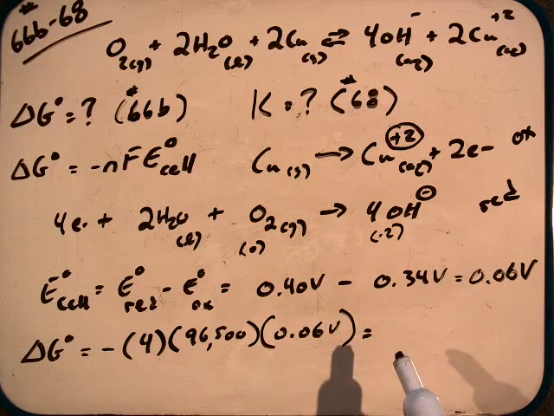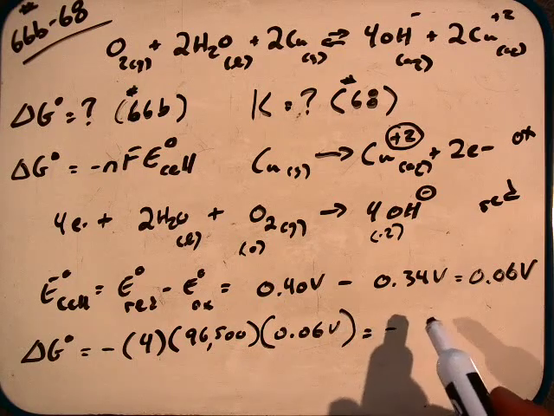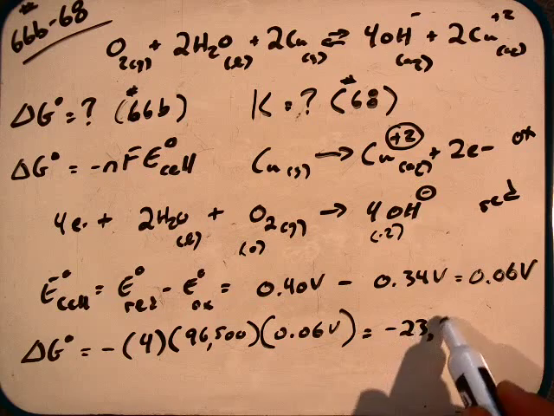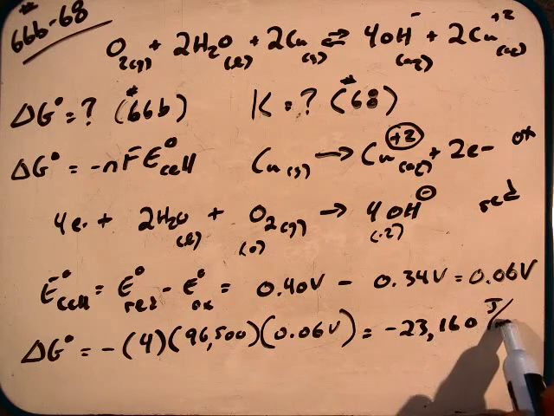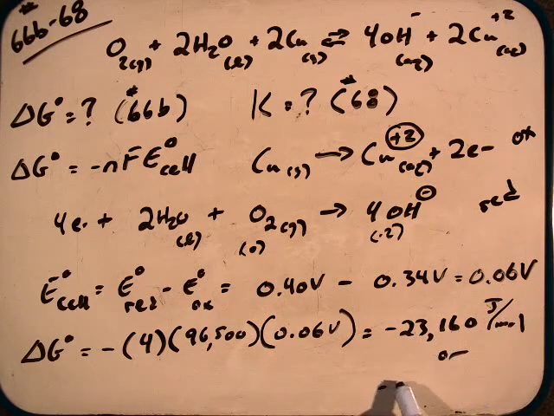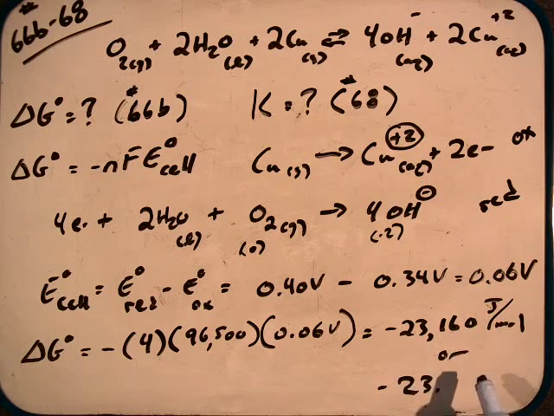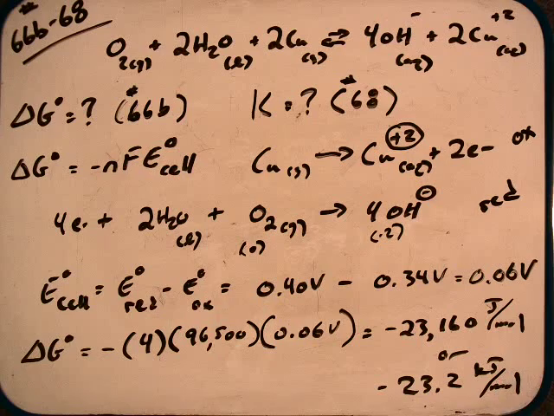If we solve for that, we get a value of negative 23,160 joules per mole, or negative 23.2 kilojoules per mole.